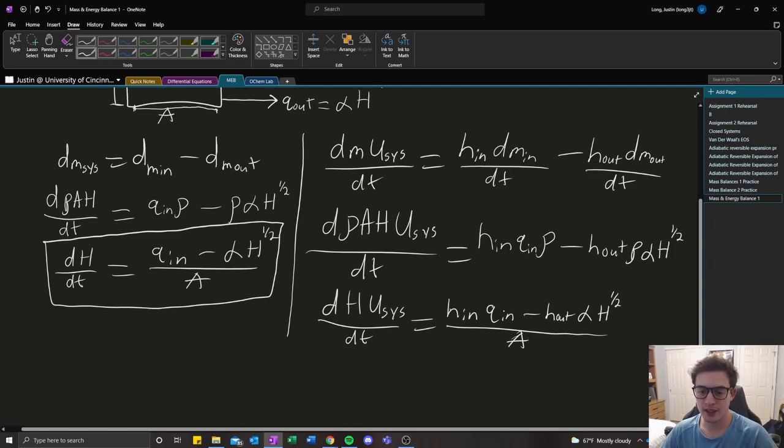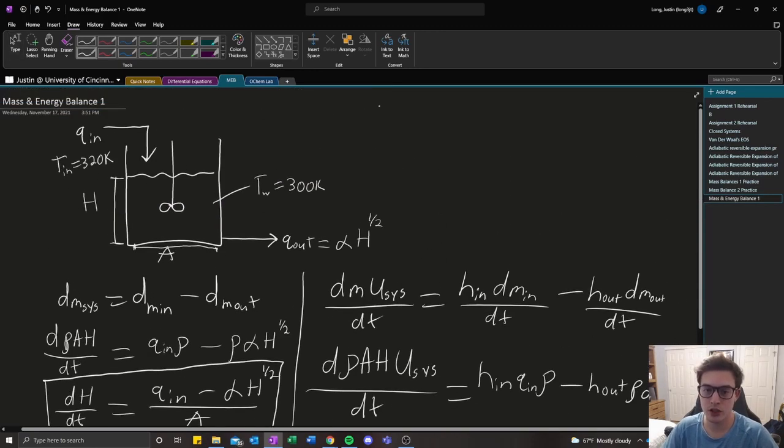So now we need to recognize that we don't have temperature anywhere in this equation, but we have the enthalpy and the internal energy of the system. And we know that the change in enthalpy is equal to the specific heat times the change in temperature. And we also know that the change in internal energy is equal to the heat capacity times the change in temperature.